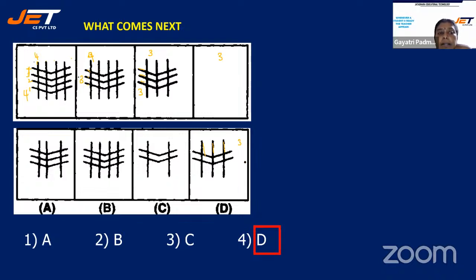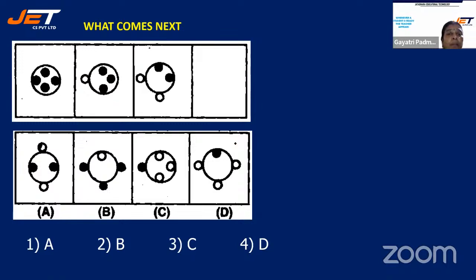Okay. And these lines are 2. So positively with this selection, your answer should be D. All right, now let's move on to the next question.